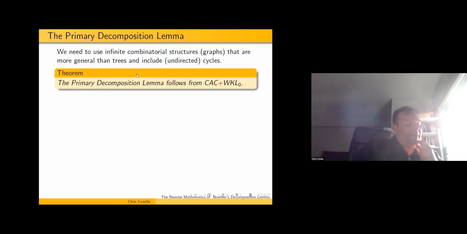And so, I am a little bit less sure about the precise reverse mathematical strength of the primary decomposition lemma.